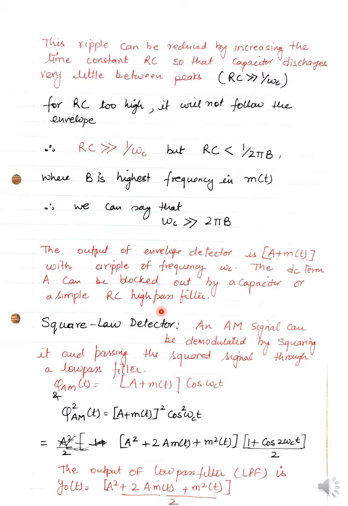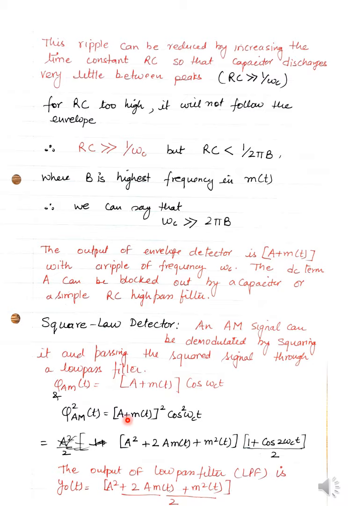Now the third method is the square law detector, or square law detection method. An AM signal can be demodulated by squaring it and passing the squared signal through a low pass filter. So phi AM is equal to [A plus m(t)] cos omega c t.